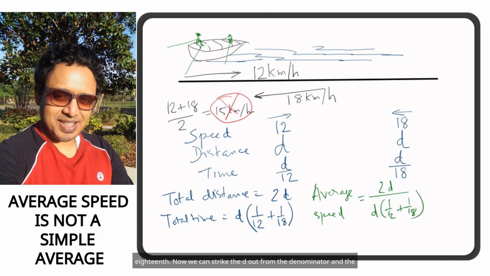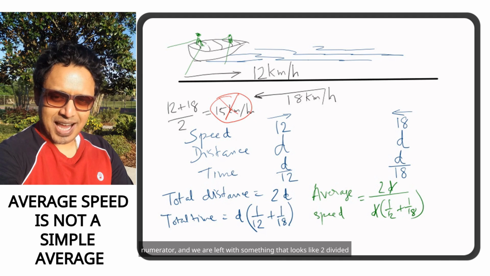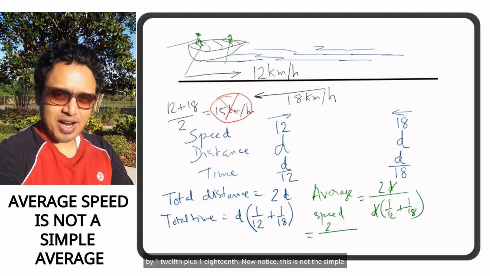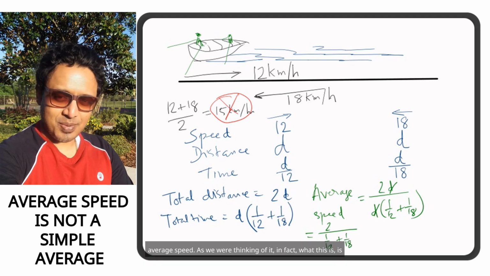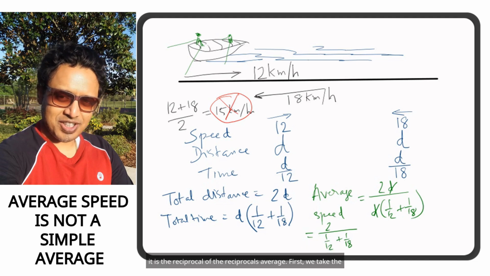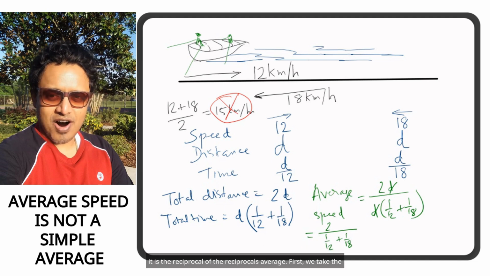Now we can strike the d out from the denominator and the numerator, and we are left with something that looks like 2 divided by 1/12 plus 1/18. Now notice, this is not the simple average as we were thinking of it. In fact, what this is, it is the reciprocal of the reciprocals' average.